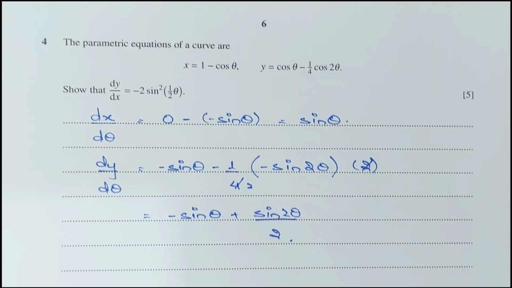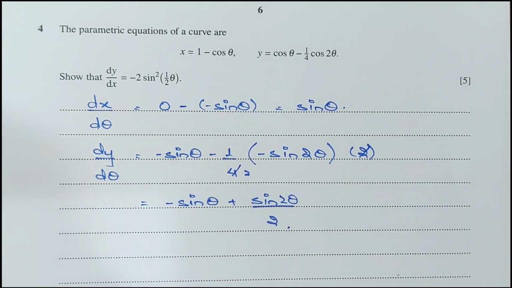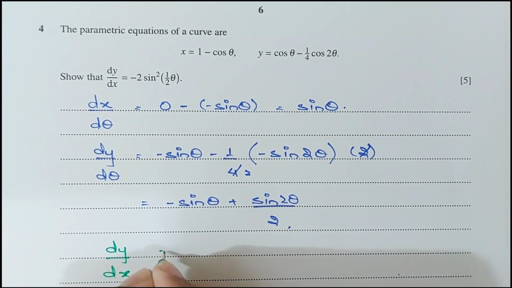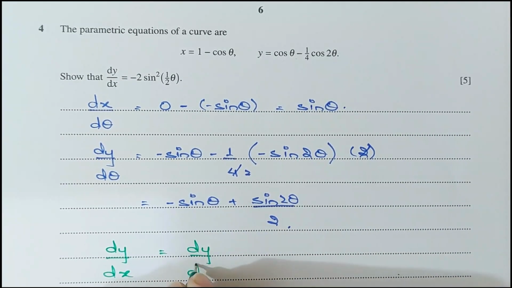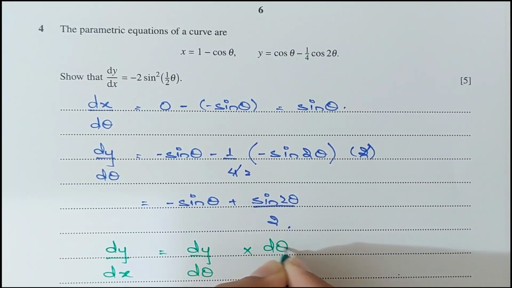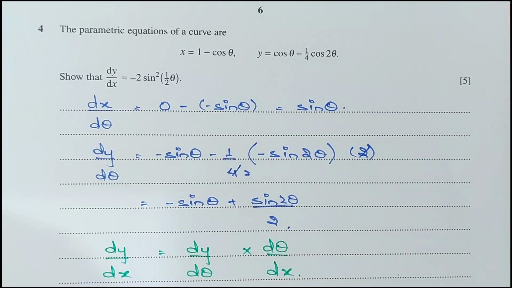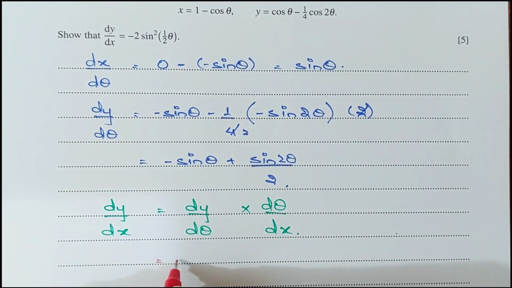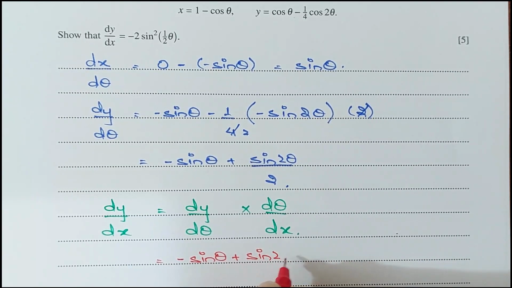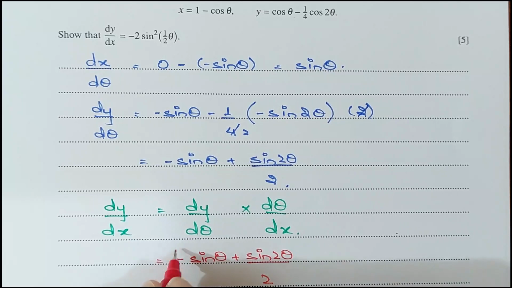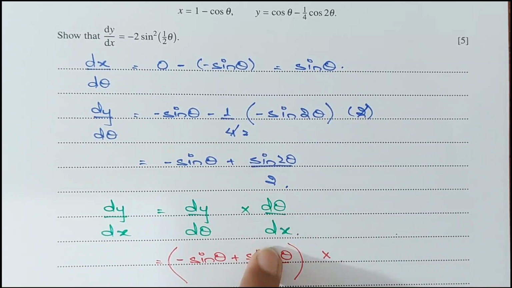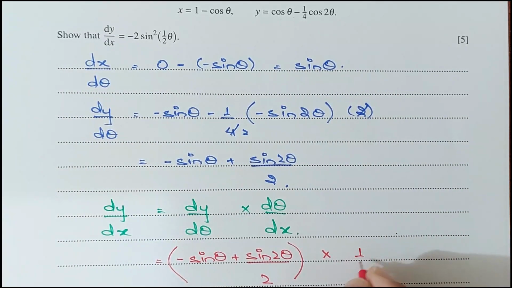Right. So now let me use the chain rule. dy over dx is dy over d theta times d theta over dx. dy by d theta is this, so just substitute over here: minus sine theta plus sine 2 theta divided by 2, times d theta over dx. For d theta over dx, we take the reciprocal, so 1 over sine theta.